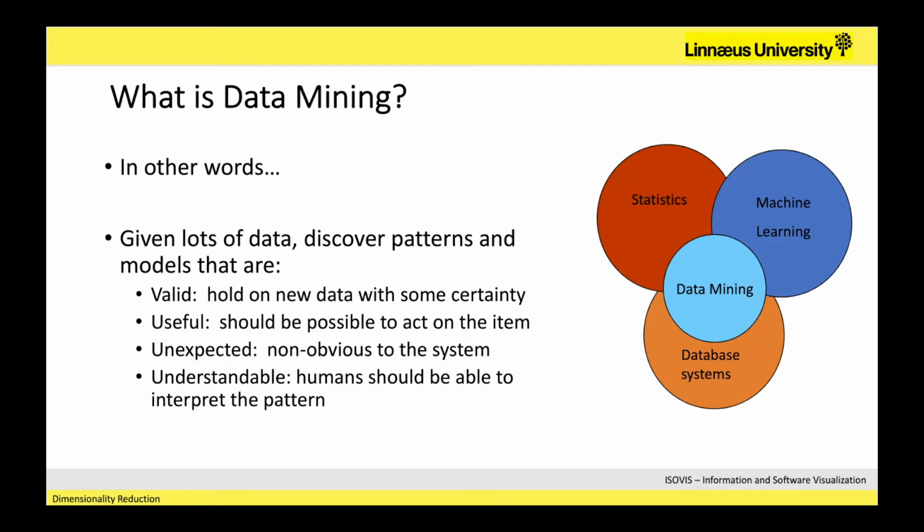Again, this sets it apart a little bit from machine learning, although research on machine learning has been moving towards interpretability very strongly nowadays. But the truth is that, objectively speaking, machine learning does not necessarily have to be human interpretable.